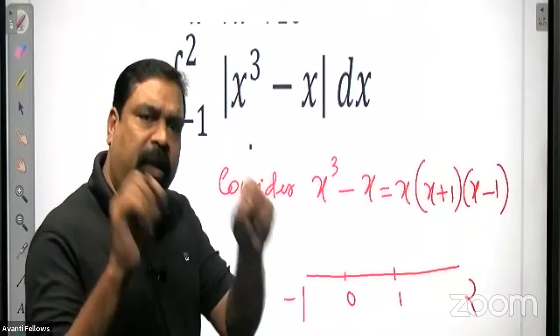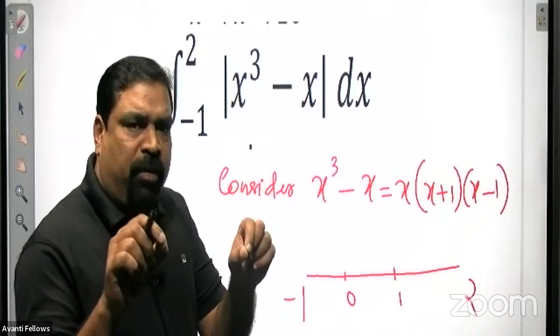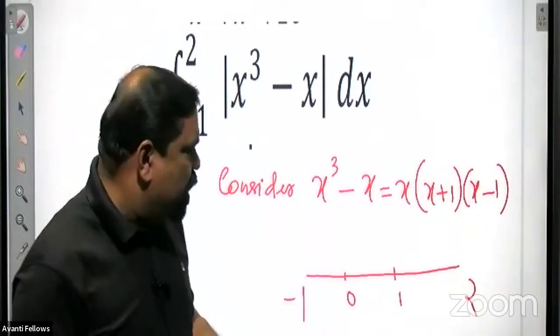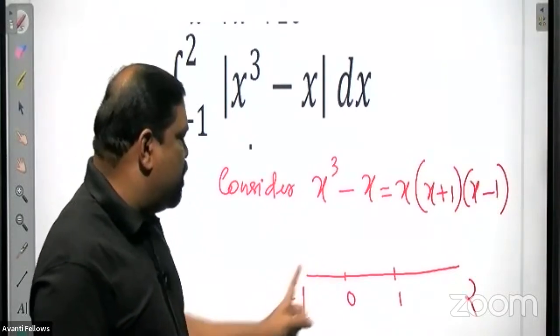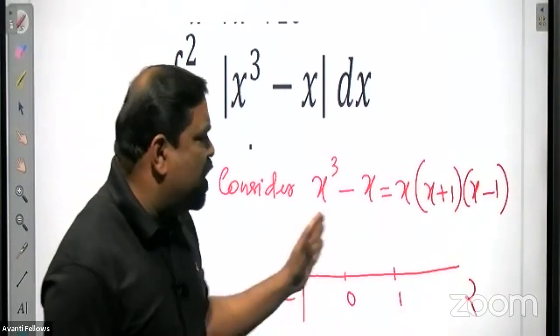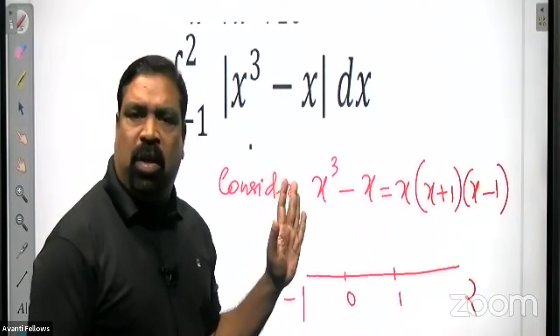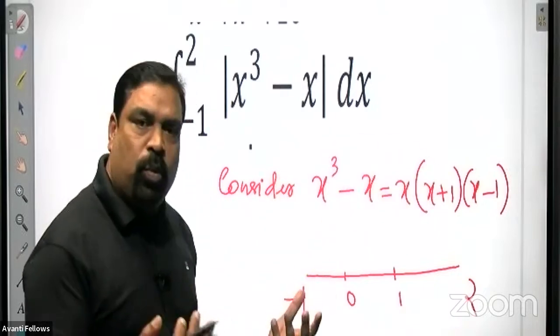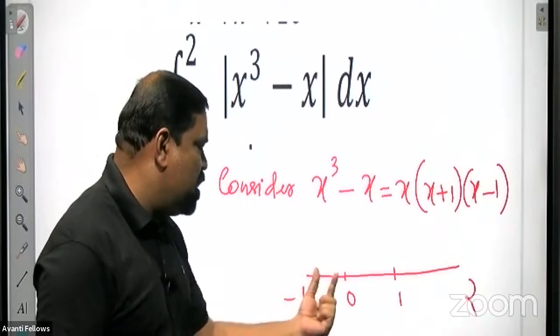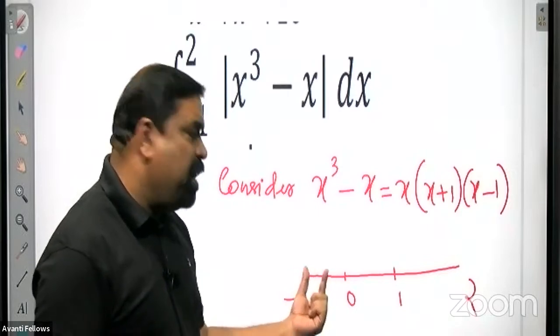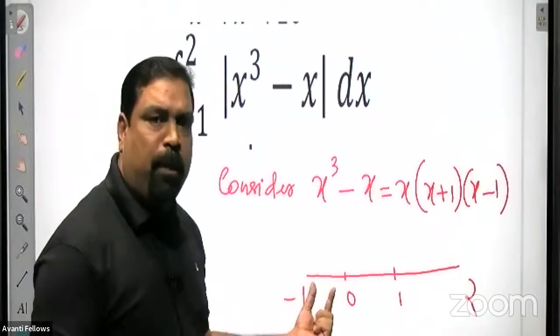For that, the same technique, whatever we have used for the first example. In between minus 1 and 0, we have to see whether this function's nature is positive or negative. For that, what to do? You take a point in between -1 and 0, x equal to minus 0.5.